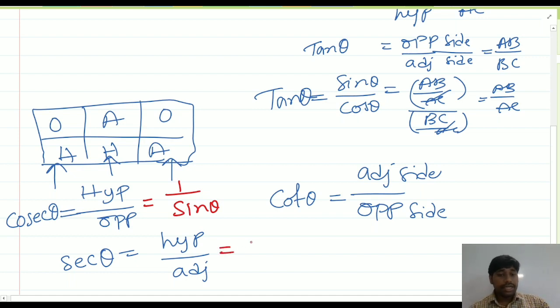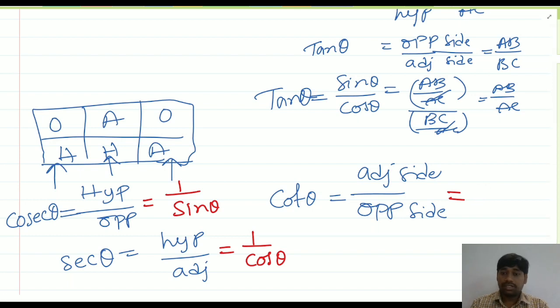This is 1 by cos theta, because cos theta is adjacent by hypotenuse, and hypotenuse by adjacent means 1 by cos theta. Opposite by adjacent is called tan, but adjacent by opposite is called cot, so simply we can say 1 by tan theta.